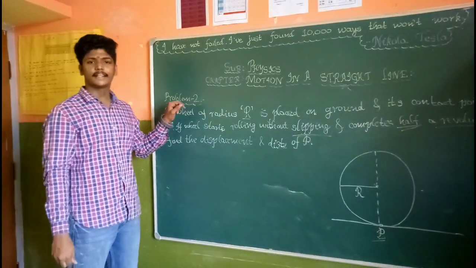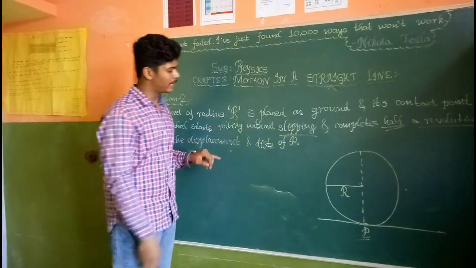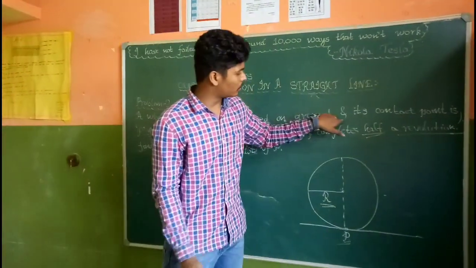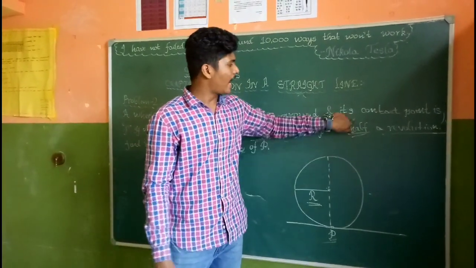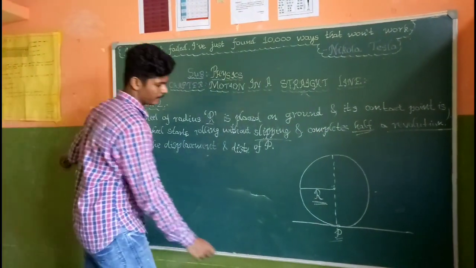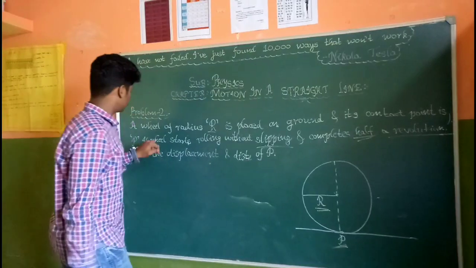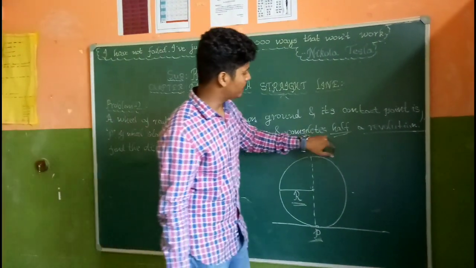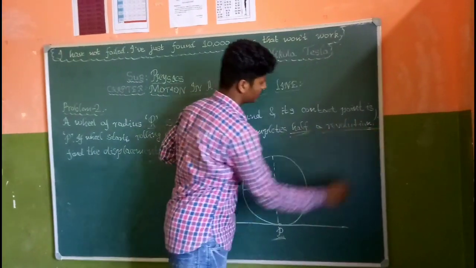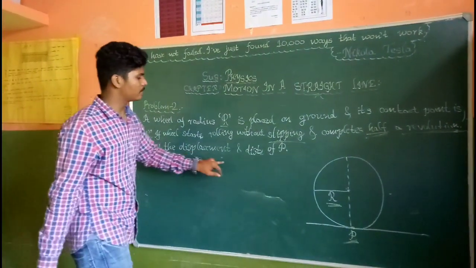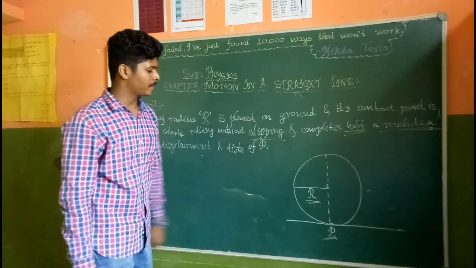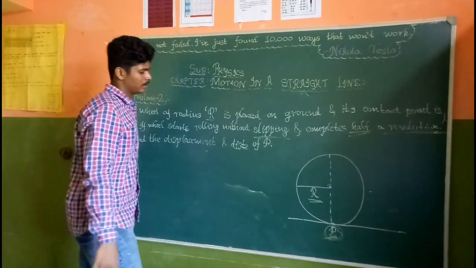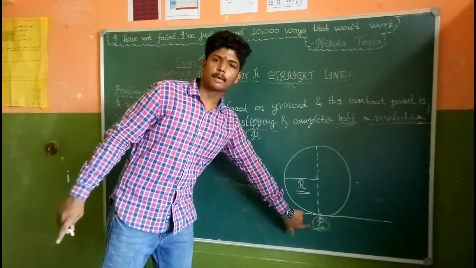Let us look at the second problem. A wheel of radius r is placed on the ground and its contact point is P. If the wheel starts rolling without slipping and completes a half revolution, find the displacement and distance of P. We have to consider point P as a particle.